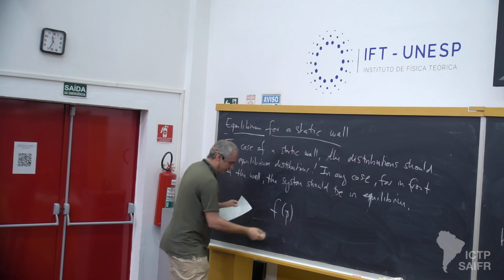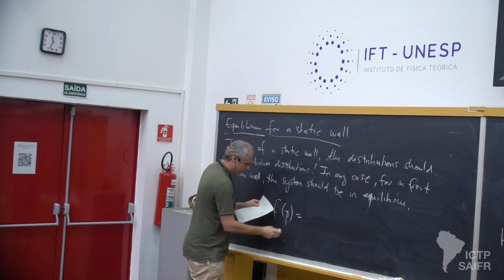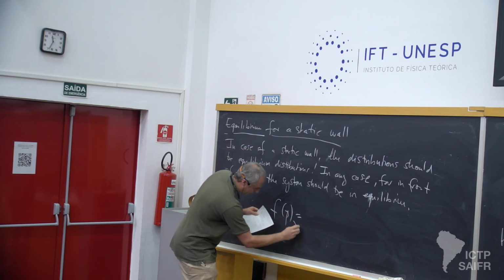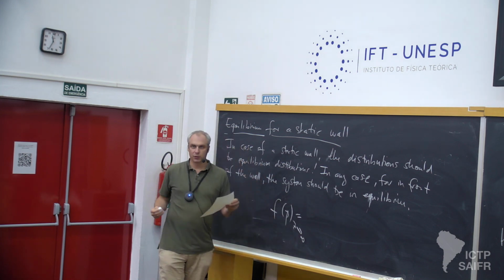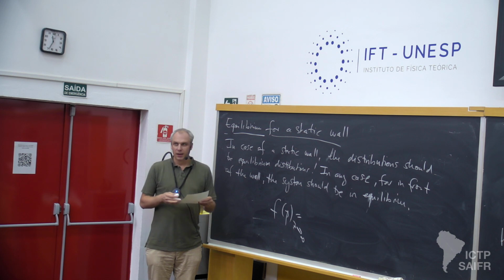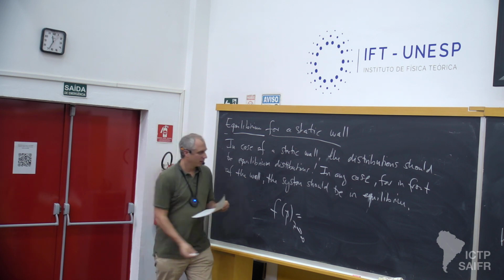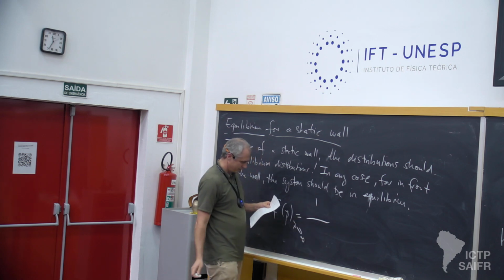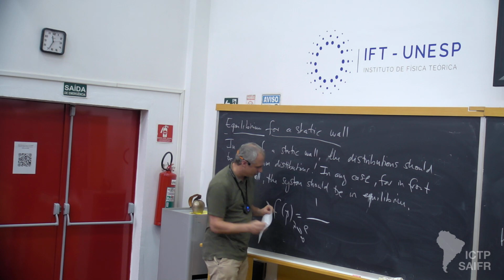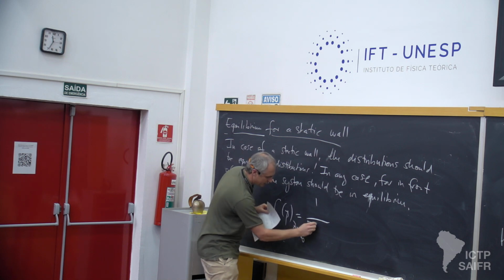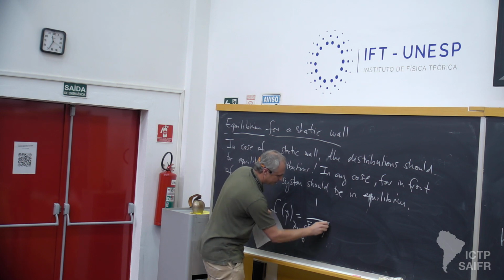So let's say you have a bosonic particle, and now you go to the case where you're far in front of the wall. So how does the distribution function look like for a boson? It's one over e to the energy over T minus 1, no?